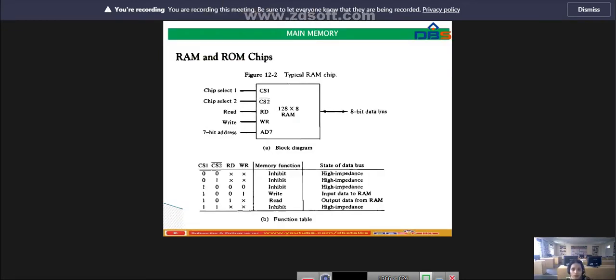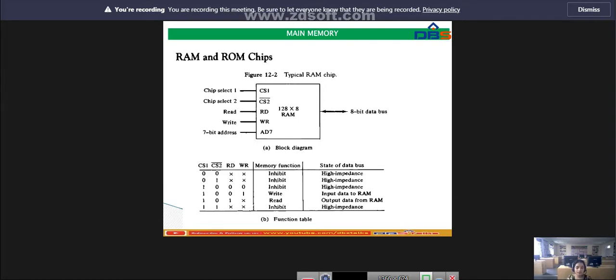Next, coming to main memory. What is meant by main memory here? Main memory is a relatively large and very fast memory used to store the programs and data during the computer operations.